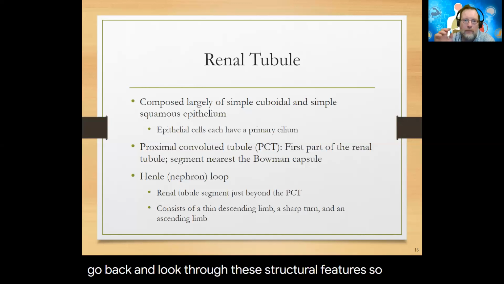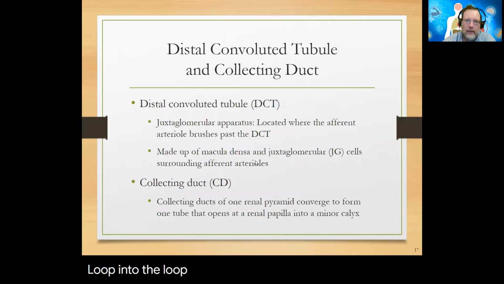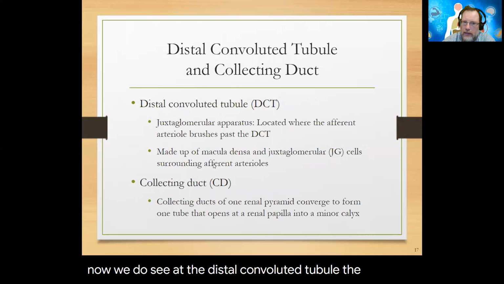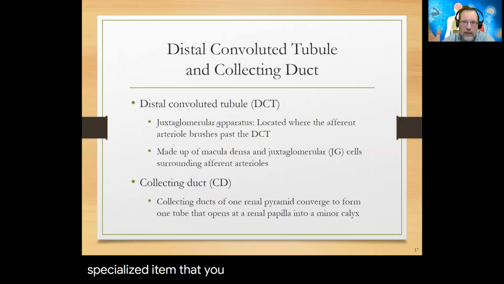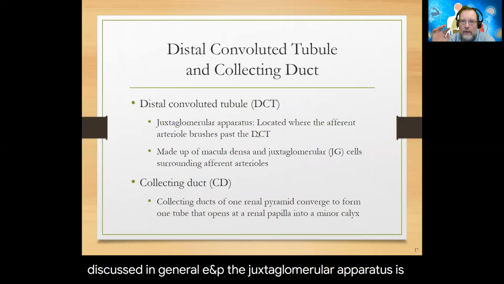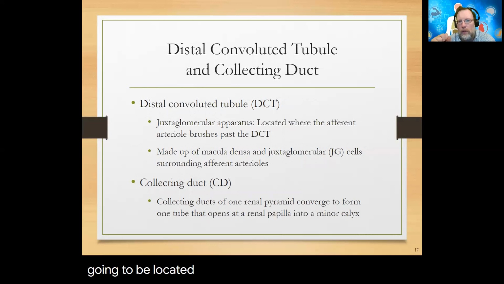So anyway, moving on. Proximal convoluted tubule, descending loop into the loop of Henle, and getting to the distal convoluted tubule and terminating at the collecting duct. Now, we do see at the distal convoluted tubule the specialized item that you may have looked at briefly or discussed in general A&P. The juxtaglomerular apparatus is going to be located along with the afferent arteriole and the distal convoluted tubule.